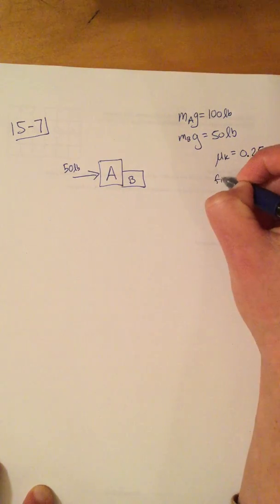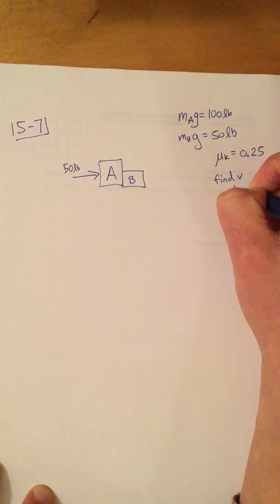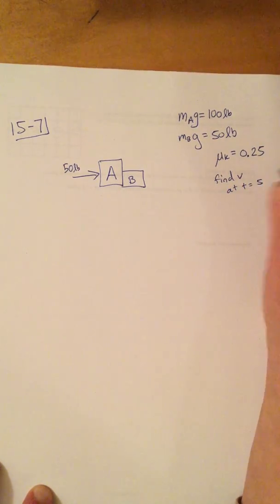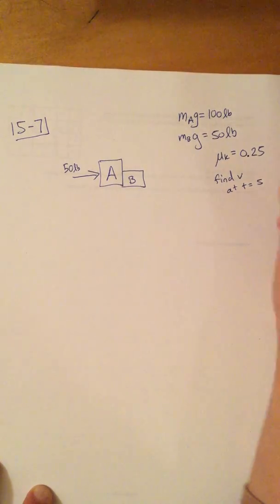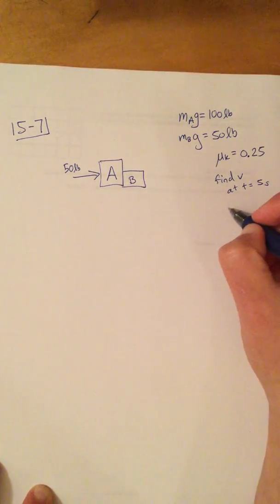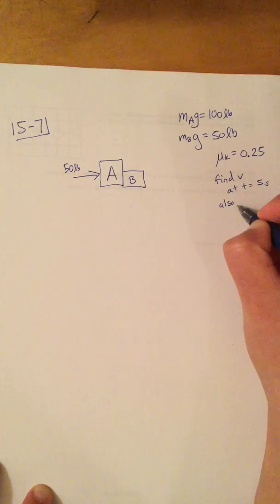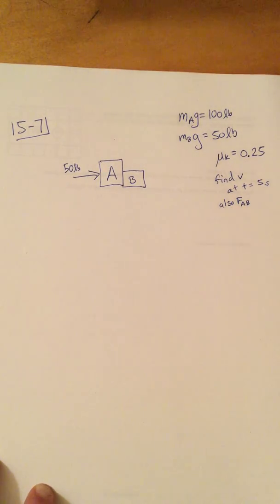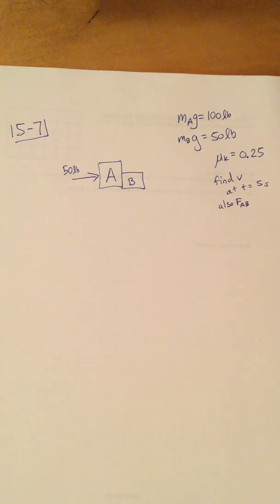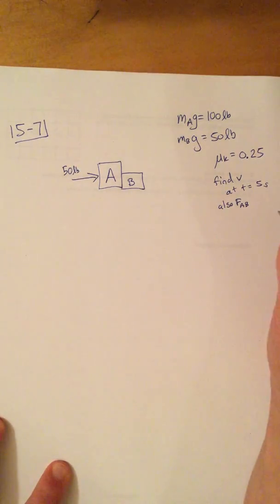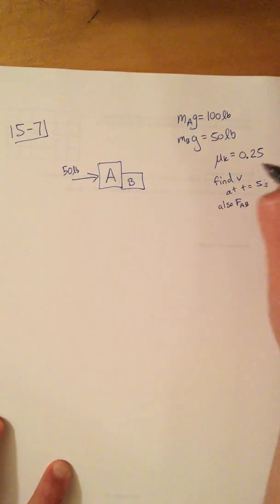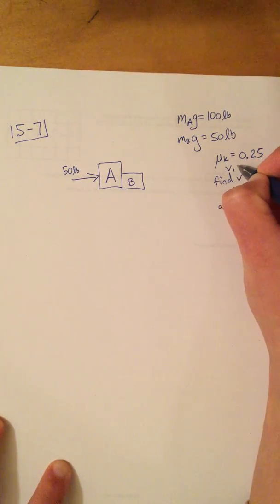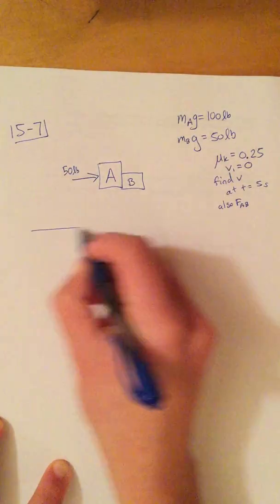We want to find V at t equal to 5 seconds, and also find the force exerted by crate A on crate B. We are assuming they are starting from rest, so let's say V1 is equal to 0.